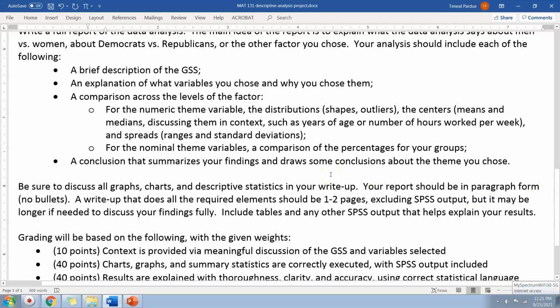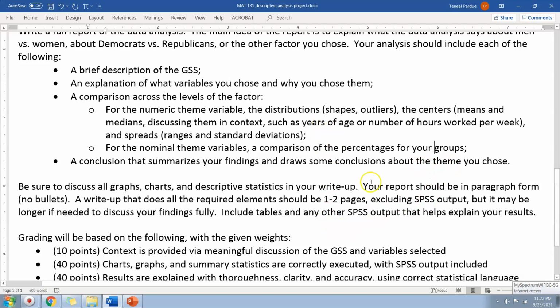So you should, in your write-up, talk about all of the relevant output. Also include all of that relevant output. And I would kind of rather the output be embedded in the write-up, where you talk about the chart and then I see the chart, rather than putting them all at the end.